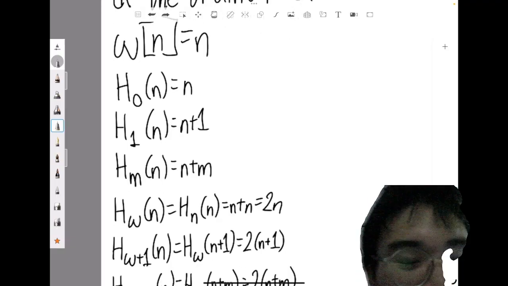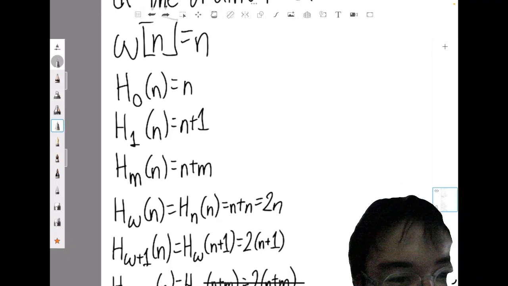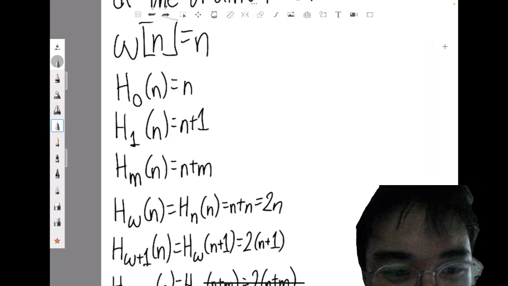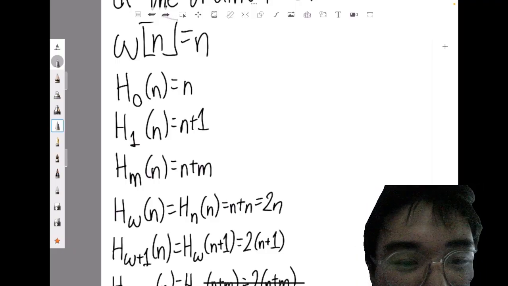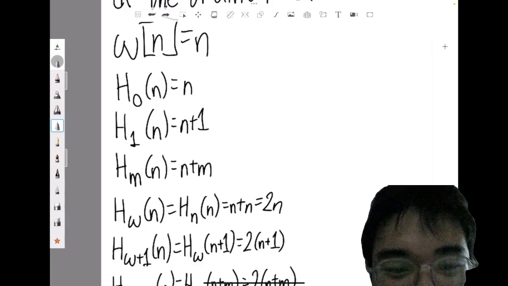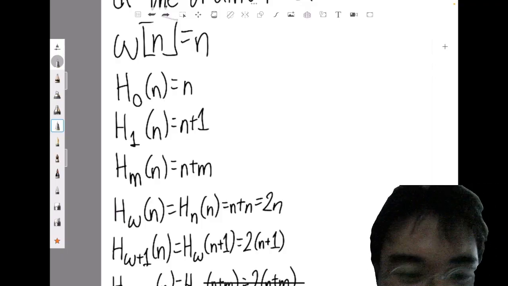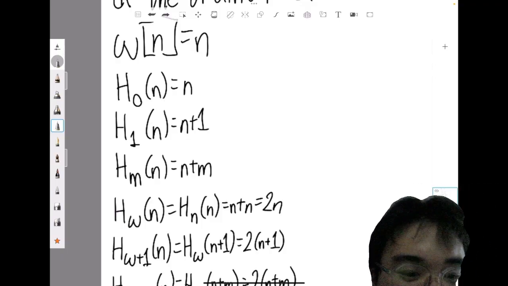So let me just give you some examples. At the start it grows really slowly. h sub 0 of n is just n, and if you put a 1 you just add 1, and if you put some number m here, you just do n plus m.